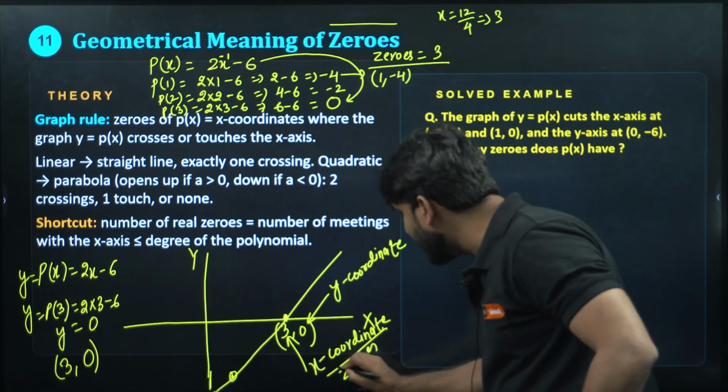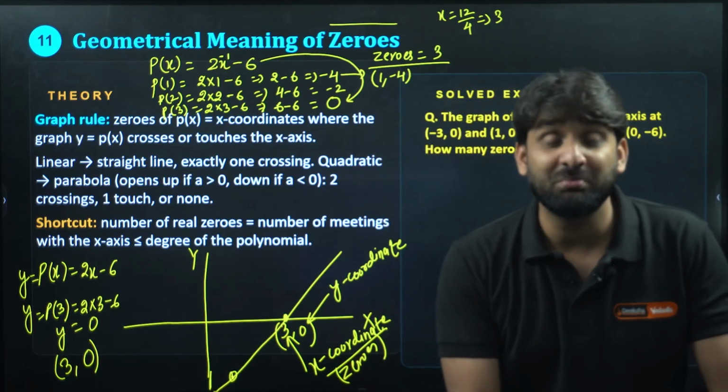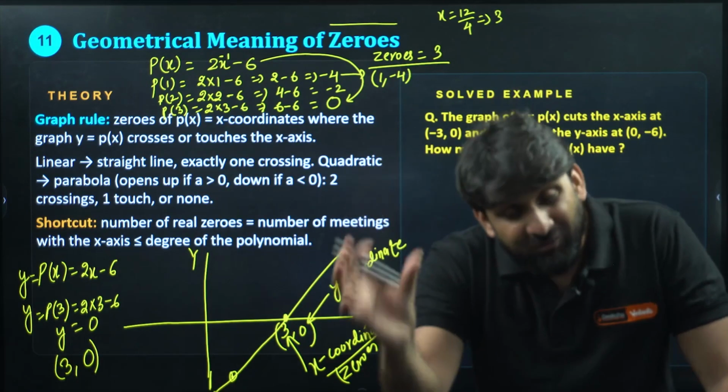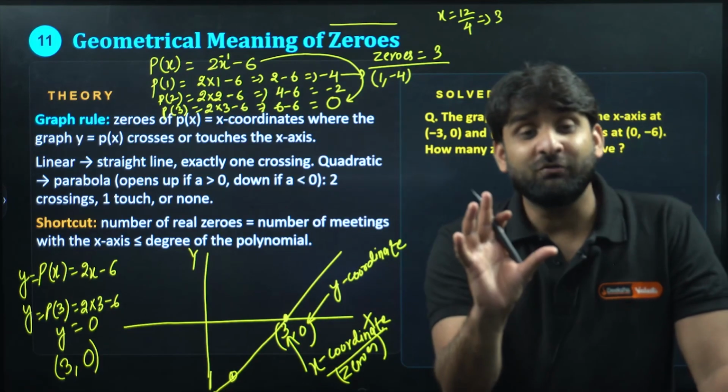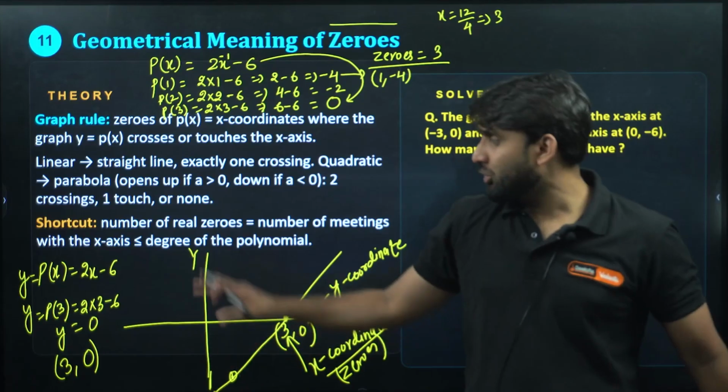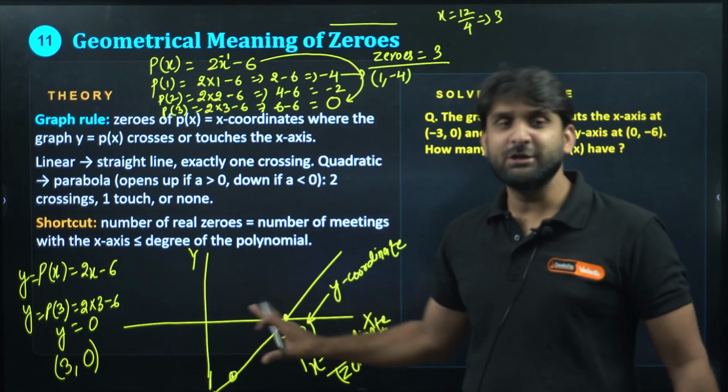So what is the geometrical representation of a polynomial's zeros? You have to choose those coordinates where y becomes 0. Where the y coordinate is 0, that x coordinate will be the zero. I'm talking about linear polynomials here.